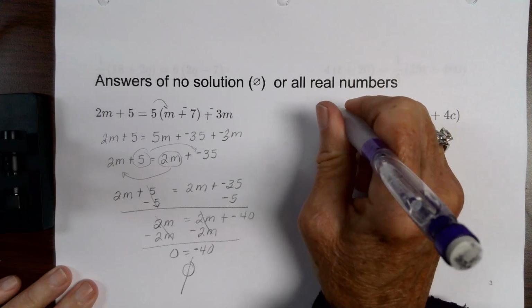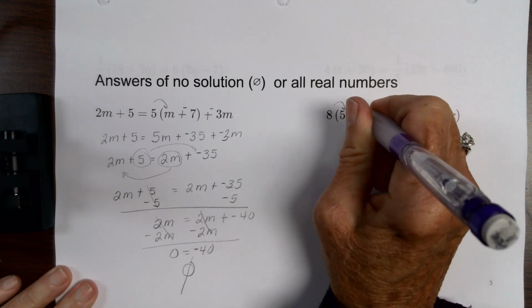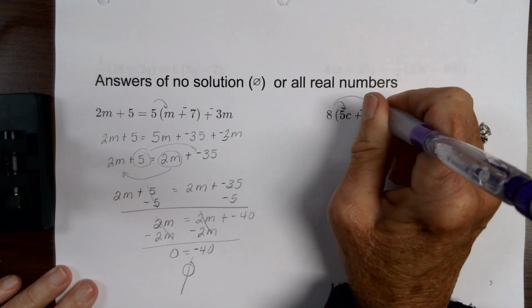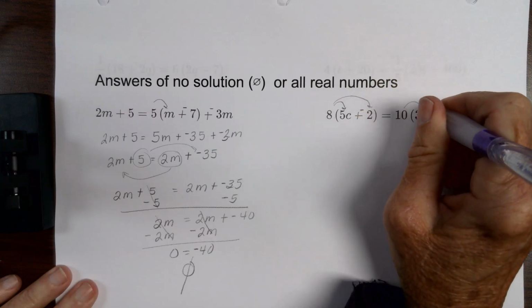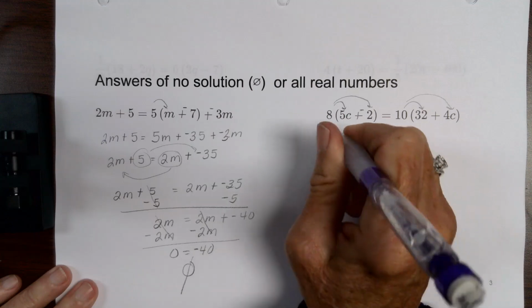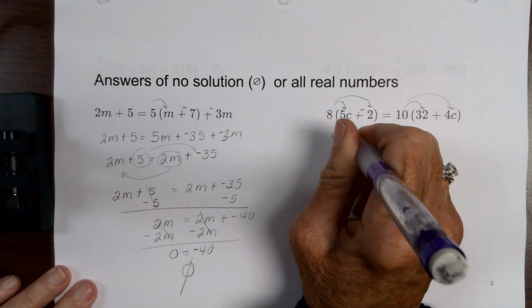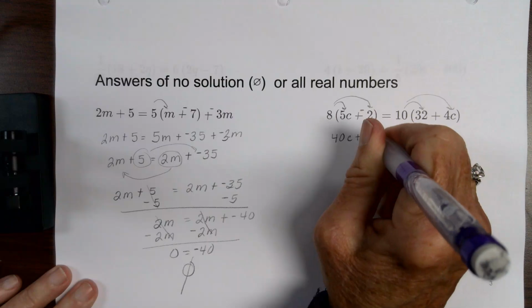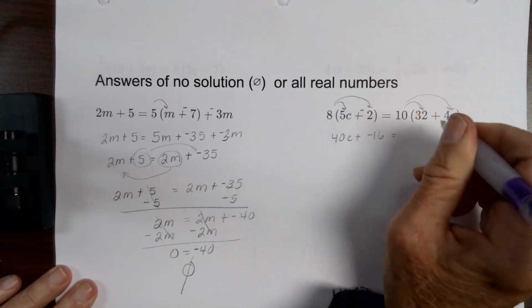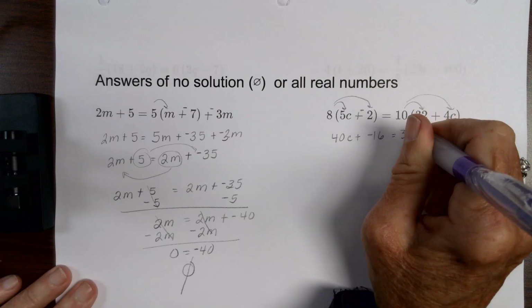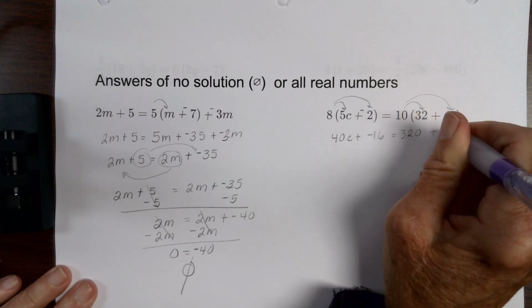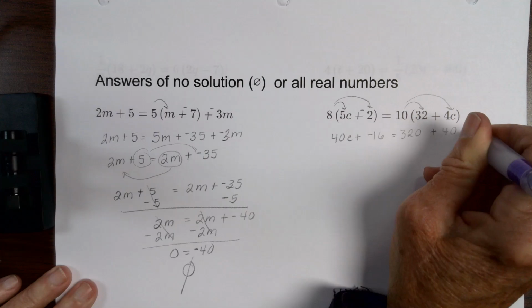We have to do distributive property here. Let's add the opposite and distributive property there, distributive property, and distributive property. So that's going to give me 40c plus negative 16 is equal to 320 plus 40c.